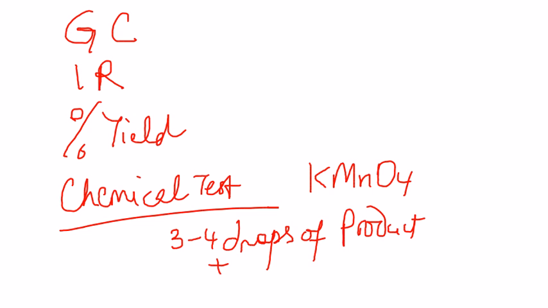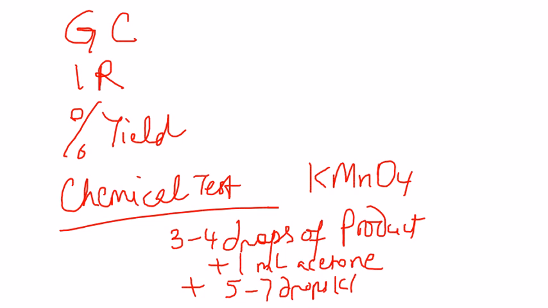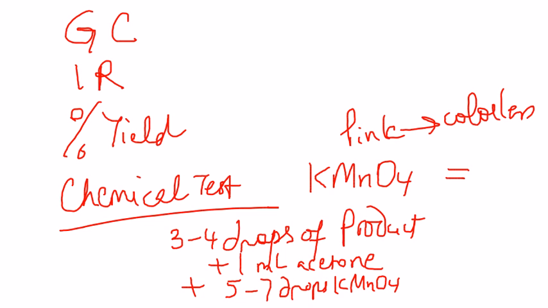You're going to dissolve that in 1 milliliter acetone, and you're going to add to that 5 to 7 drops of KMnO4. If you have a double bond, essentially the pink color of KMnO4 gets discharged, and it either becomes colorless or develops a slight yellow color due to the formation of MnO2. And that's what you're going to record.